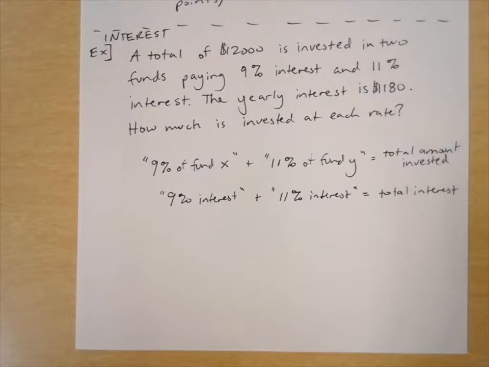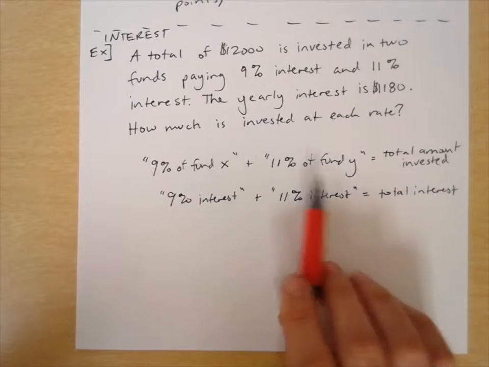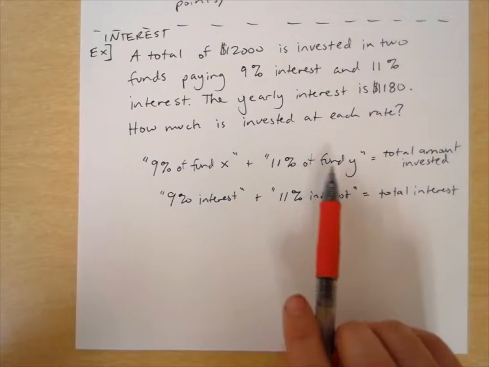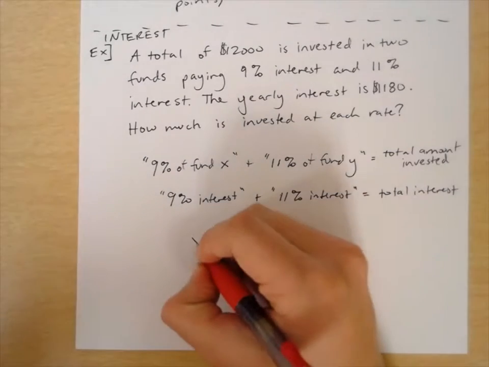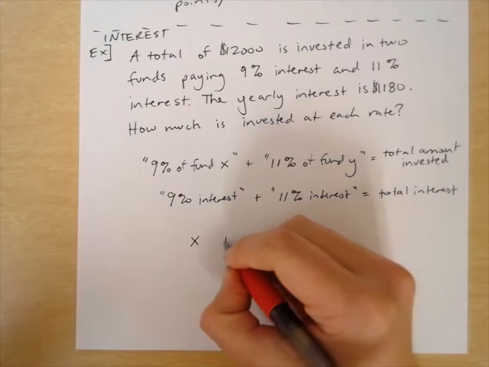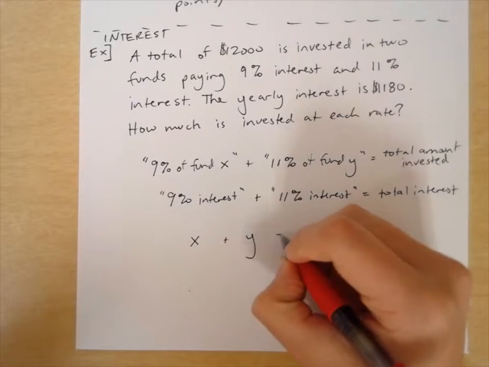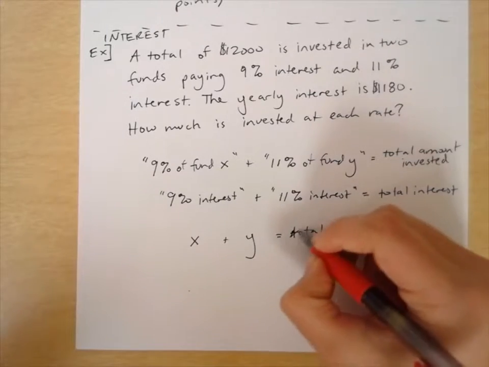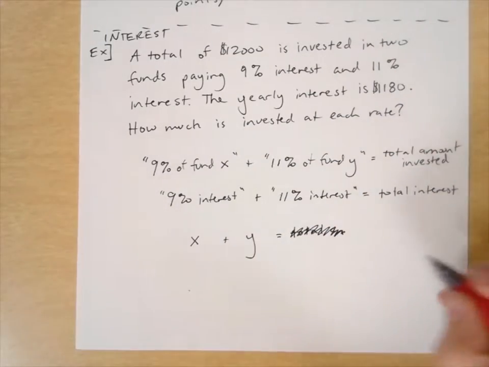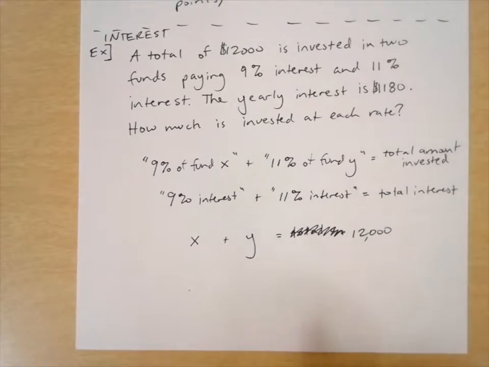Here's the thing. We don't know how much was invested at 9%, and we don't know how much was invested at 11%. So that's what we're going to label Fund X and Fund Y. We don't know Fund X, we don't know Fund Y, so we're going to say the total amount invested, or pardon me, we're going to call that 12,000 because that's how much was invested total.